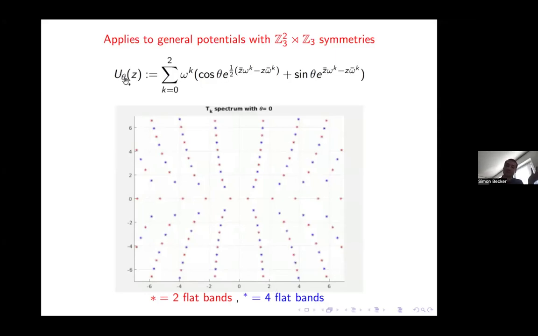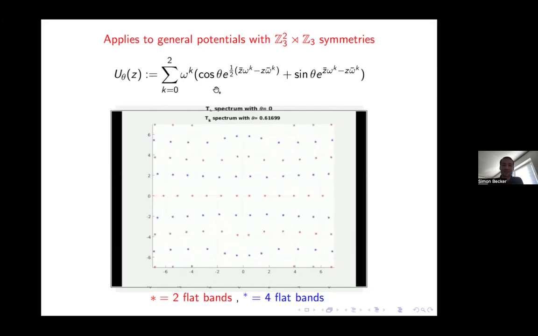I'm choosing the potentials U of theta, which are just some potentials that satisfy the right symmetries, and I'm going to vary this parameter theta. As it varies, the potentials always satisfy the right symmetries, but you see that this effect of 2 flat bands and 4 flat bands is not very stable, unfortunately. And also the equidistribution on the real axis is very special for these particular cases.